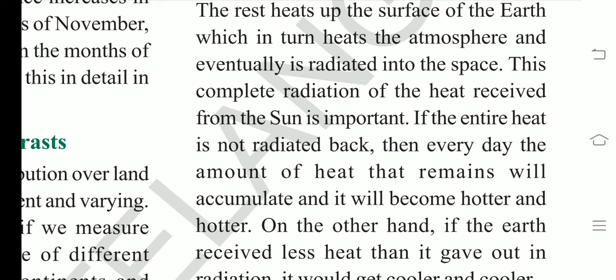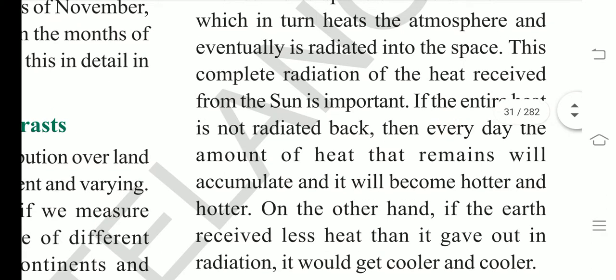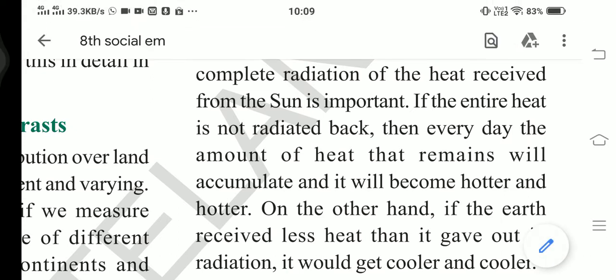But that is not happening. Continuously, solar radiation is reaching the Earth's surface. Then our Earth should become another fireball. Is it happening? No. If it becomes a fireball, there won't be existence of life on the Earth's surface.